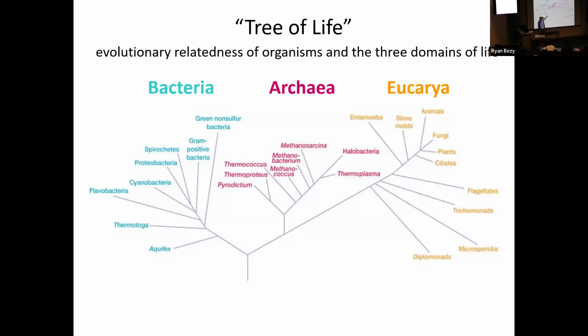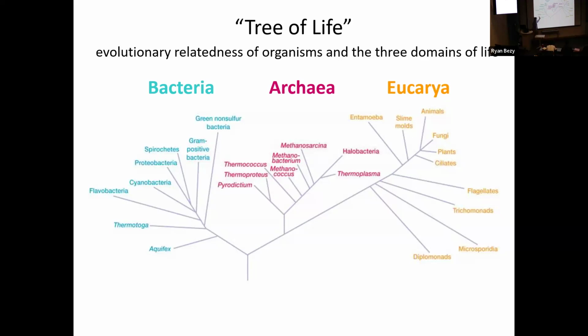Yeah, the last common ancestor for all bacteria. And this would be the last common ancestor for all archaea. This would be the last common ancestor for all eukarya. Why are they divided up into 3 domains? Because this is a tree that is a hypothesis. It's an evolutionary hypothesis. We talked about what trees were earlier, but it is based upon data, things like 16S rRNA phylogenetics and other forms of data.